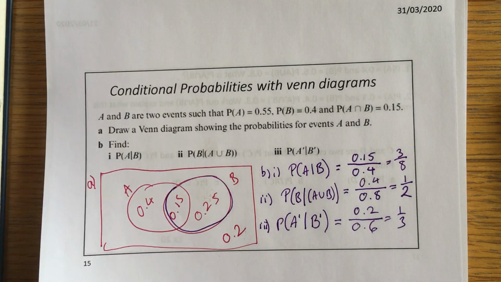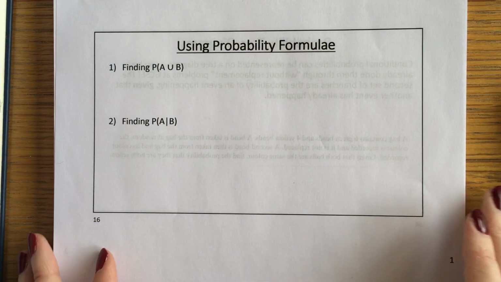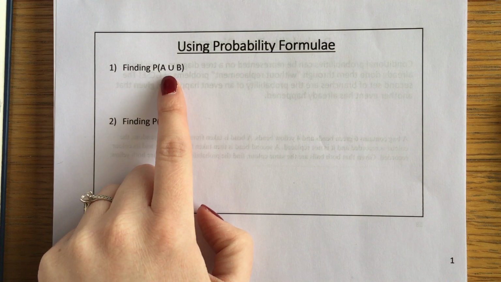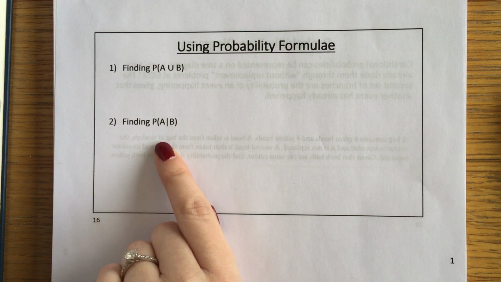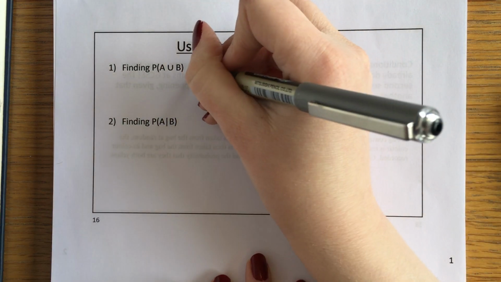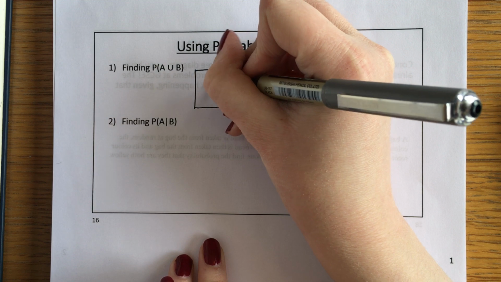So I'm going to now look at actually our given probability formulae for A union B and A given B. And I think a good way of doing that is by using a Venn diagram.